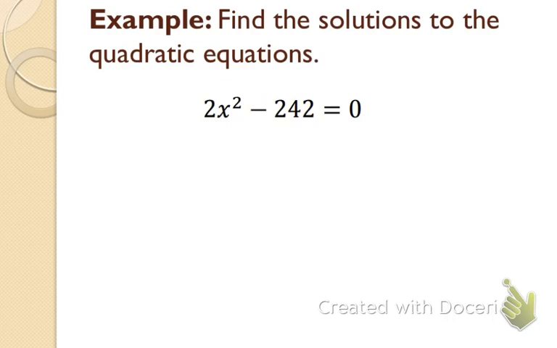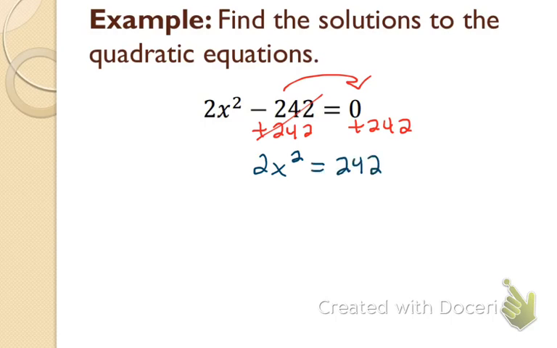So what we're trying to do is isolate it by moving everything away from it by performing the inverse operations. So we start off by moving 242 over by adding. And so we have 2x squared is equal to 242. Next up, we got to get rid of this 2. 2 is multiplying the x, so we got to divide it.